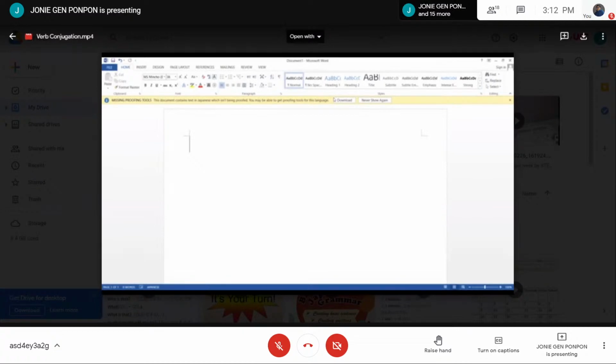It's the masu form of the Japanese verb, like asobimasu, tabemasu, kirimasu. It's the root word and then the masu form. We already finished that for group 1, group 2, and group 3.